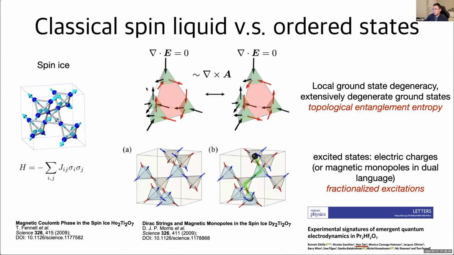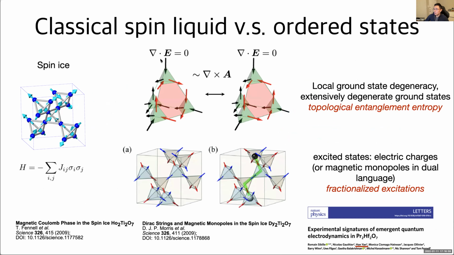Just to explain a bit more, why spin ice is a spin liquid is quite well understood. You have these local loops of spins that you can flip, and by doing this, you will stay in the ground state. In the system, there are many of these loops, so you can keep flipping them, so the spins never order.